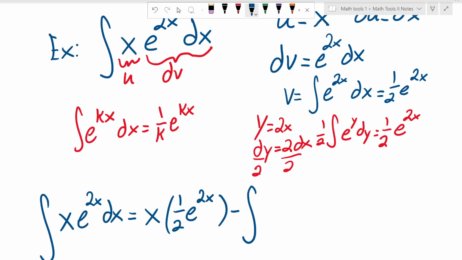So v is 1/2, put that on the outside, e to the 2x, and then du is just dx.